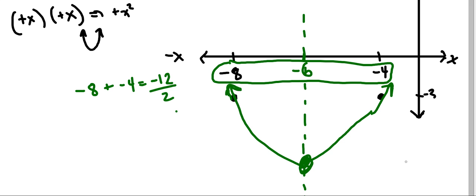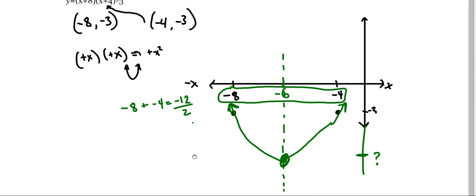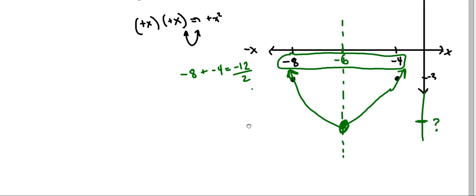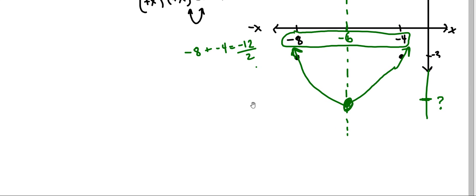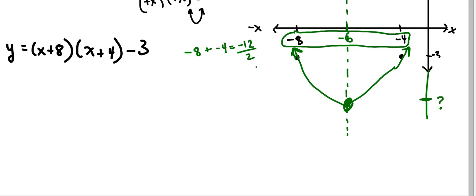Now, the real interesting thing we want to know is, where is it exactly down here? How do we do that? Okay, I'm just going to zoom out a little bit. Well, we need our little version of our equation above. I'll rewrite it here, where we've got y equals x plus 8, x plus 4, minus 3.